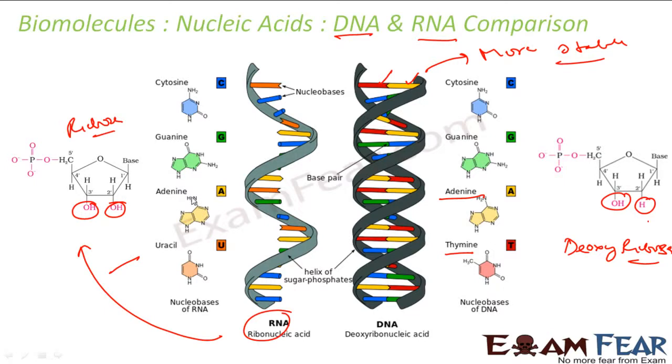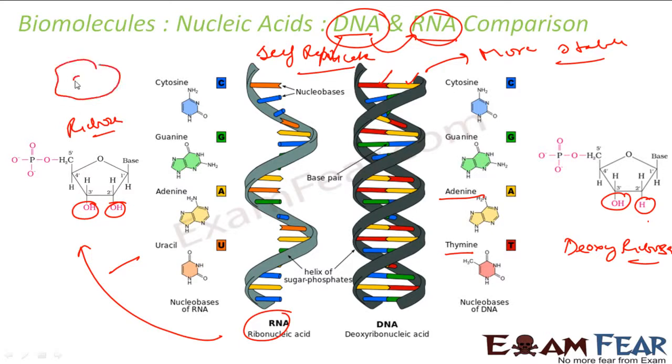And you will see that DNA creates RNA. DNA is the father of RNA actually. DNA can self-replicate, but RNA cannot self-replicate. RNA can only be created by DNA. And every cell has one nucleus, and one nucleus will have one DNA.